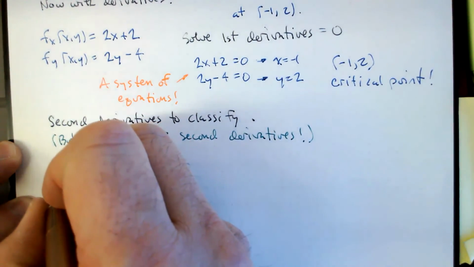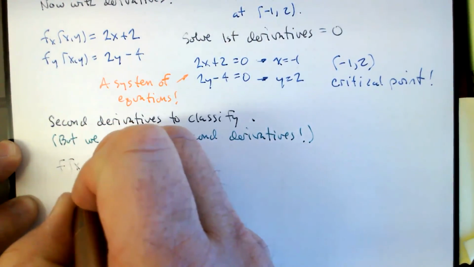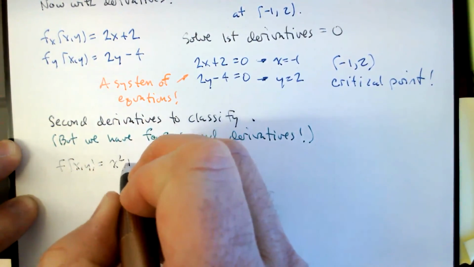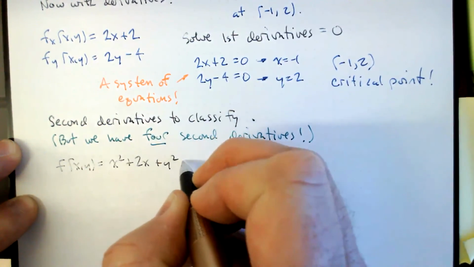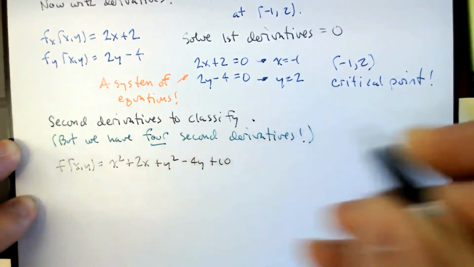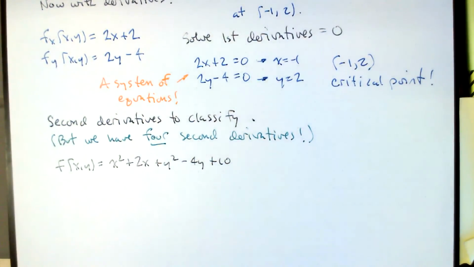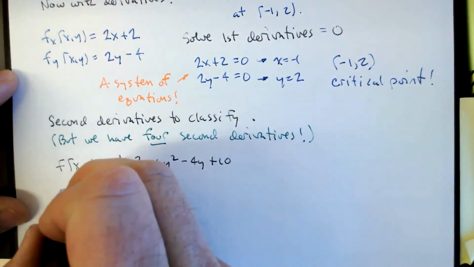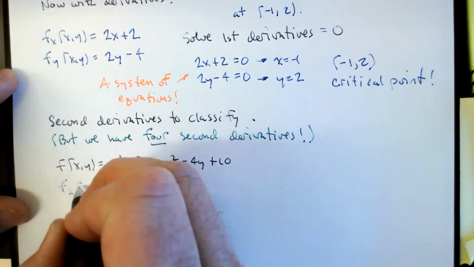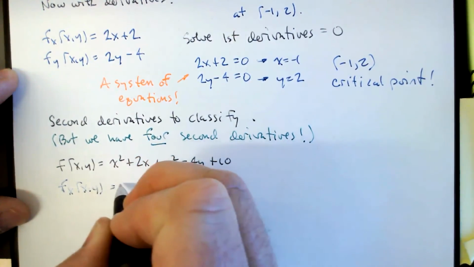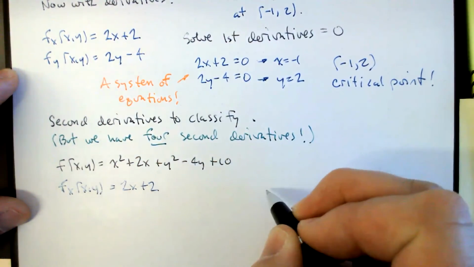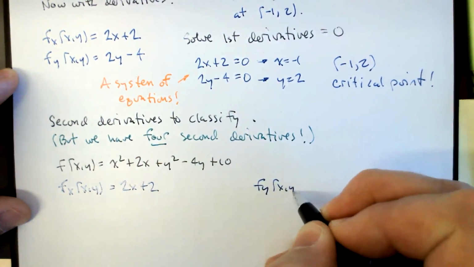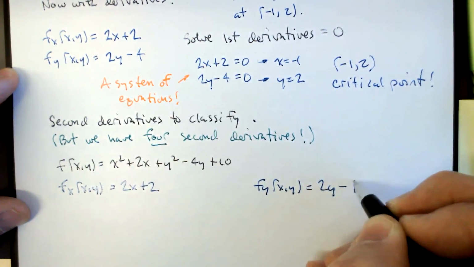We have 4 second derivatives. So we had our function, which was x squared plus 2x plus y squared minus 4y plus 10. And we had our 2 first partials. Fx at xy was 2x plus 2, and Fy at xy was 2y minus 4.